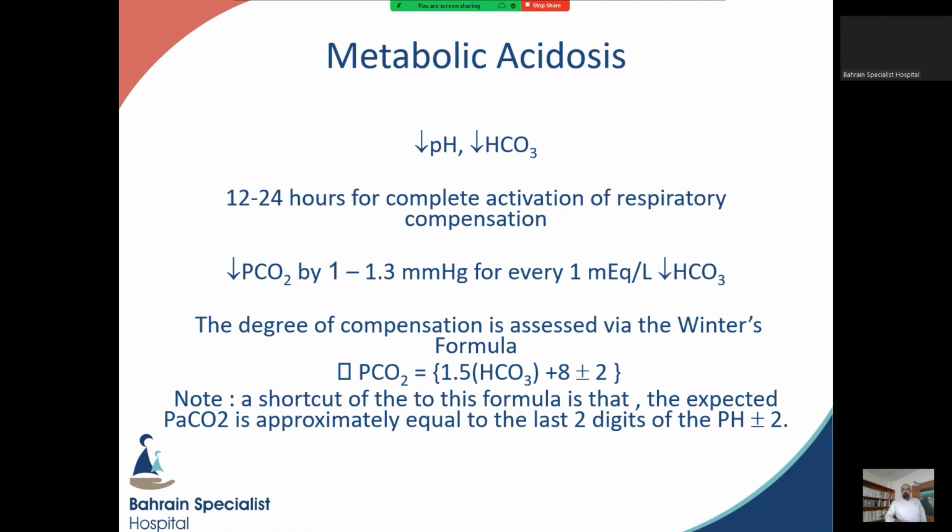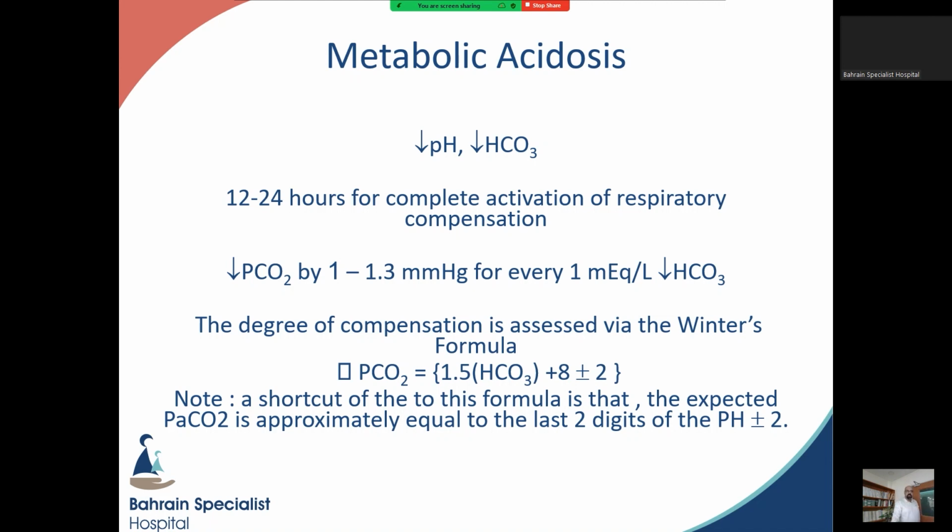It takes 12 to 24 hours for complete activation of respiratory compensation. There is a decrease in PCO2 by 1 to 1.3 millimeters of mercury for every 1 milliequivalent per liter decrease in HCO3. My body is losing HCO3, and because it's acidic and the CO2 is acid, I will lose it as compensation.